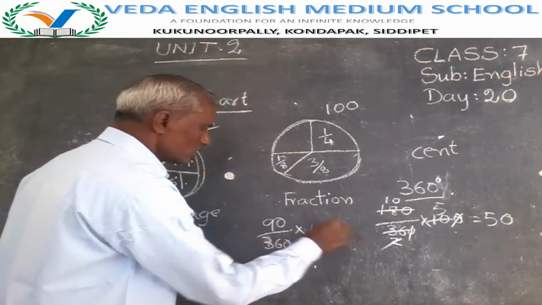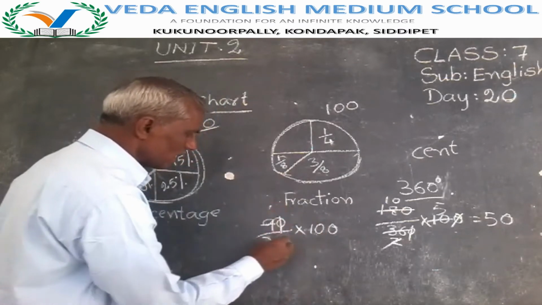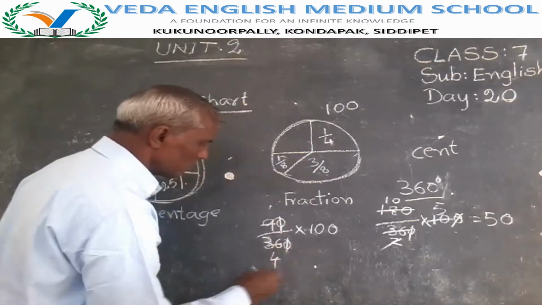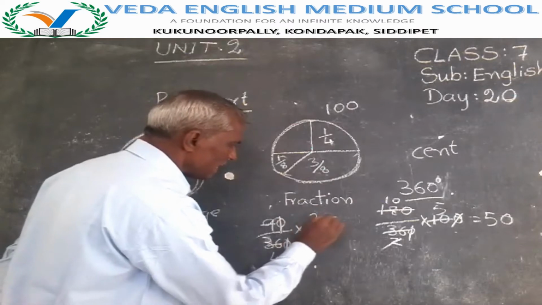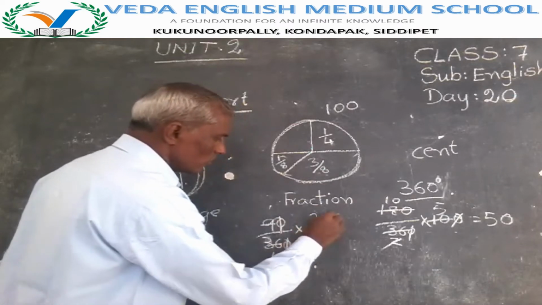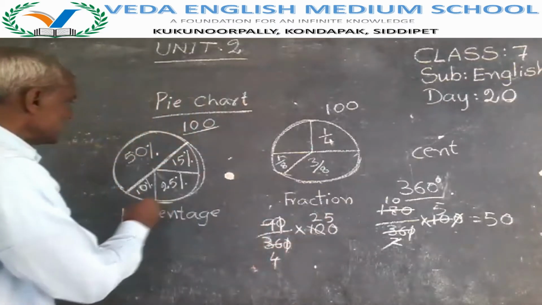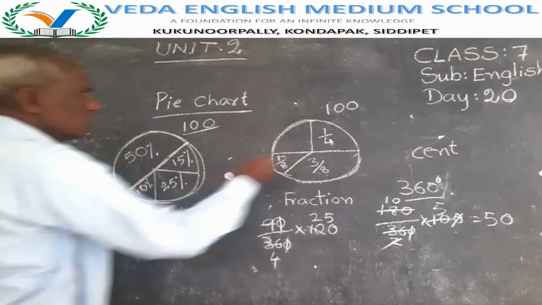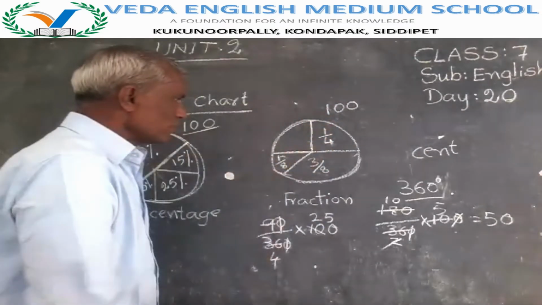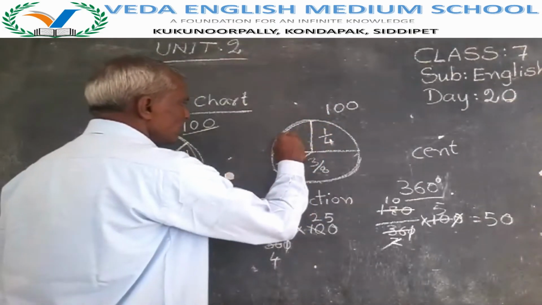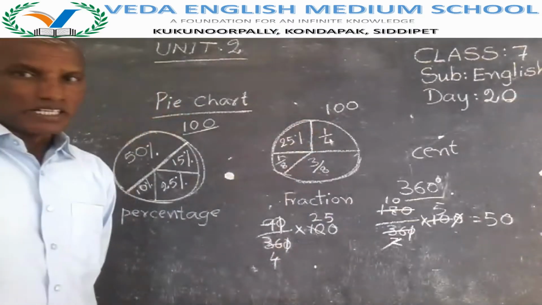So 9 ones are 9, 4 twos are 8, remaining 2, 4 fives are 20. So that means if it is 90 degrees, this is the 90 degree, and that means this is 25%.